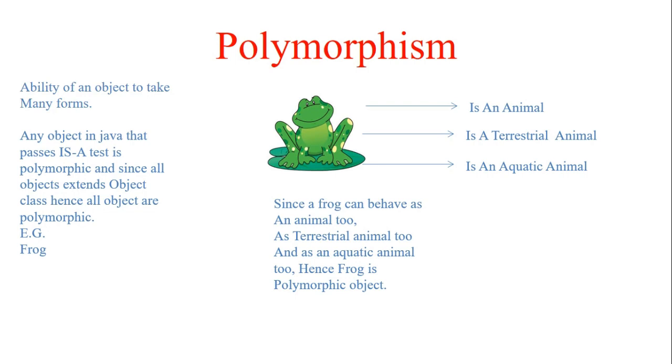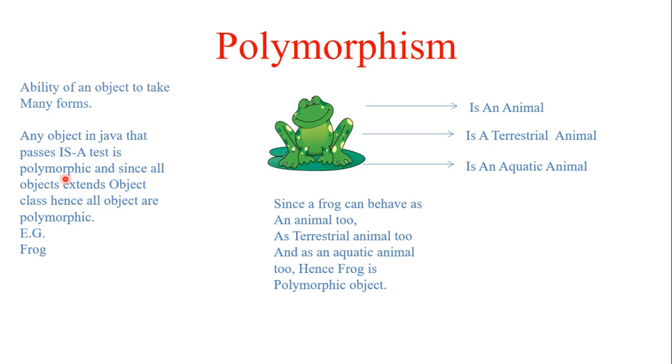And it is very important from an interview perspective. Nobody is going to tell you this. Every object in Java is automatically polymorphic. Why? Just a second, I'll show you how. Whenever you say that it is a test passing object, it automatically becomes polymorphic. But you know that every object extends the Object class, which is a generic class in Java, being implicitly extended by each and every object.